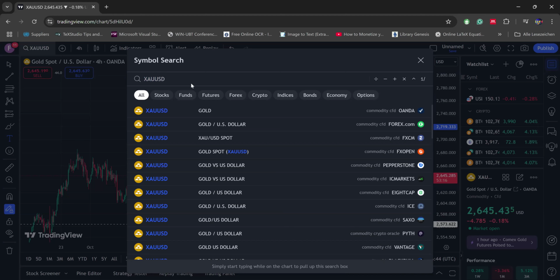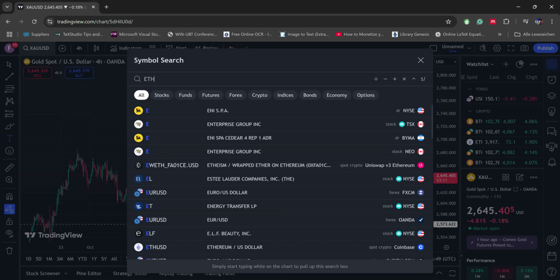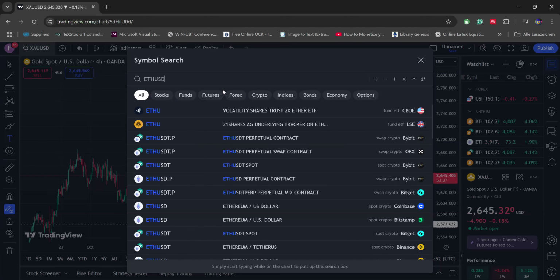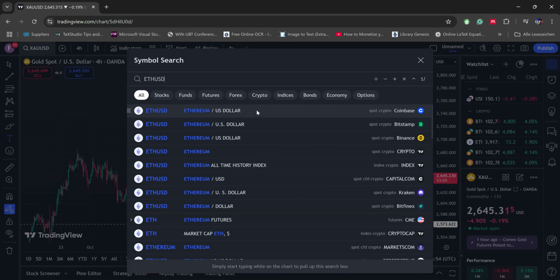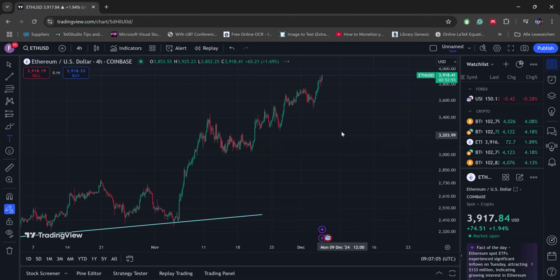So let's try that. The mouse isn't working very well. So ETH USD, you can see clearly it pops up right there. Then there's a provider, always: there's Coinbase, there's Bitstamp and all that. You always have to be aware that this data is being provided by someone. And so there you go.